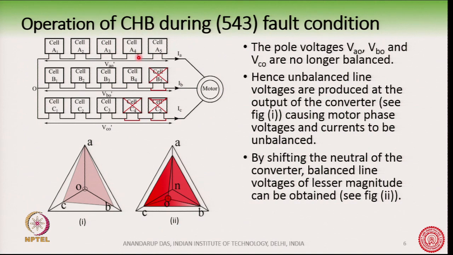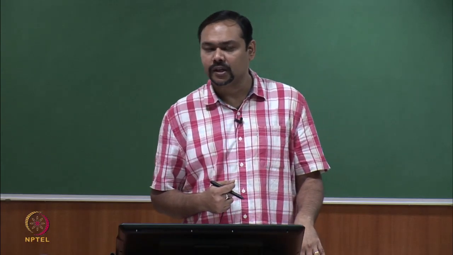So, if we bypass some of the healthy cells, then we are losing on the voltage. Bypassing healthy cells is not very advisable, because we have these healthy cells available. Why not use them to get the maximum voltage possible from the converter?